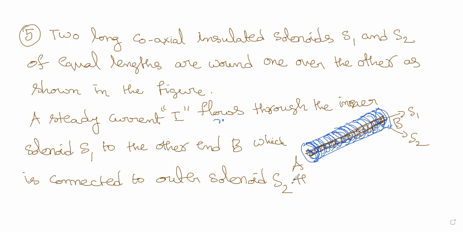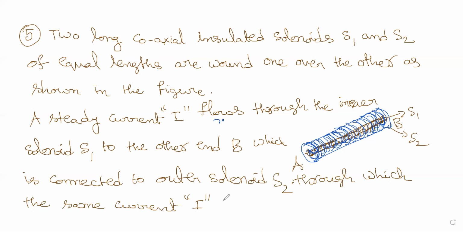Through the outer solenoid S2, the same current I flows in the opposite direction.